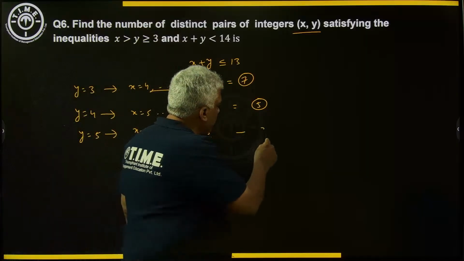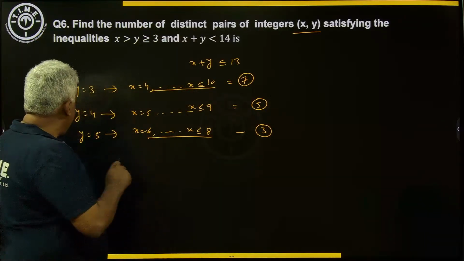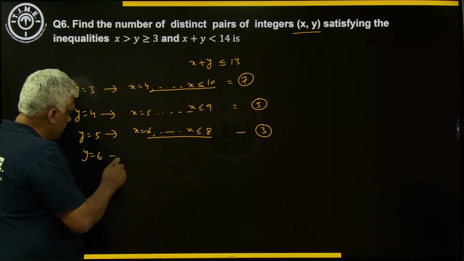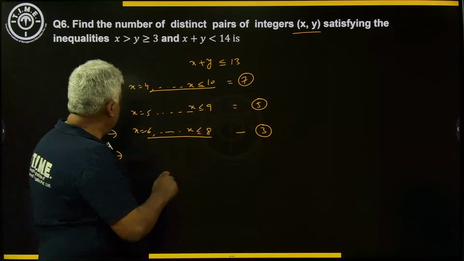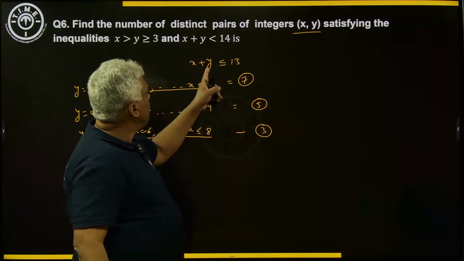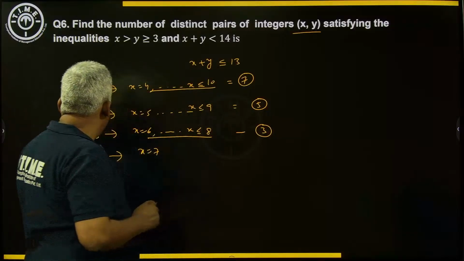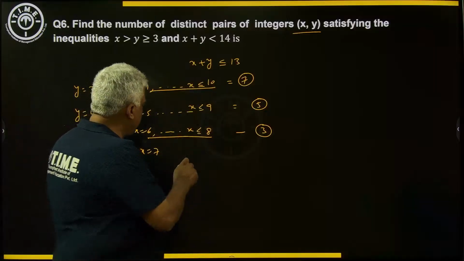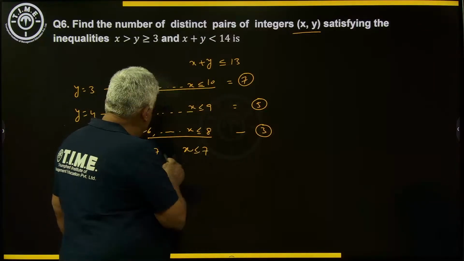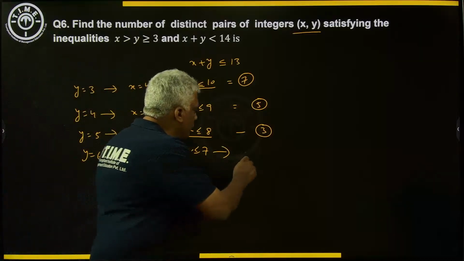So 3 solutions here, like 6, 5, 7, 5, 8, 5. Now, when y equals 6, x will be more than 6, so x will start with 7. Put y equal to 6, x will be less than or equal to 7. So 7 till 7, we have only one solution, that is 7, 6.